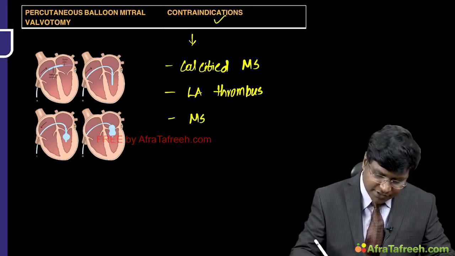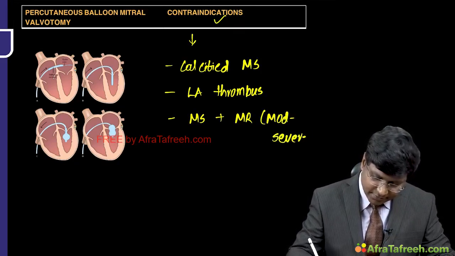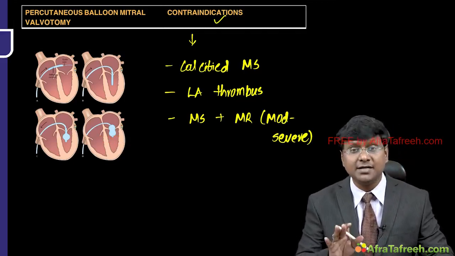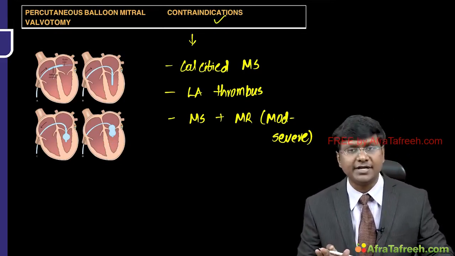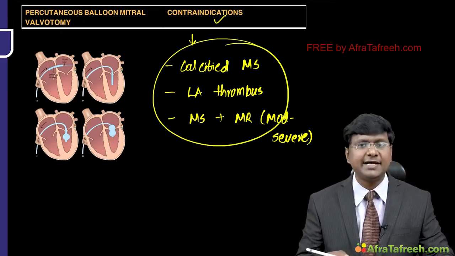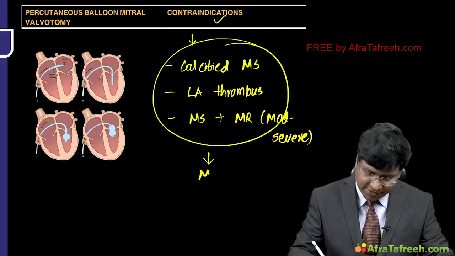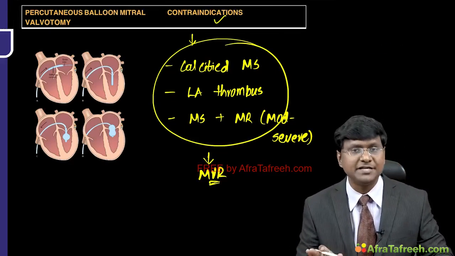Then if mitral stenosis is associated with moderate to severe mitral regurgitation, that is also a contraindication for percutaneous balloon mitral commissurotomy. So these are the contraindications for PBMC. In all these scenarios, if you want to do the intervention, mitral valve replacement has to be done.